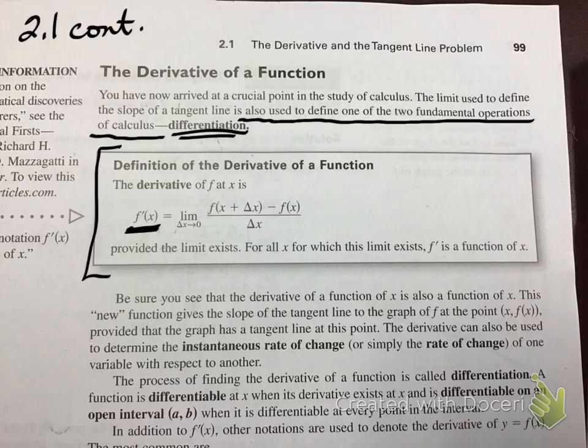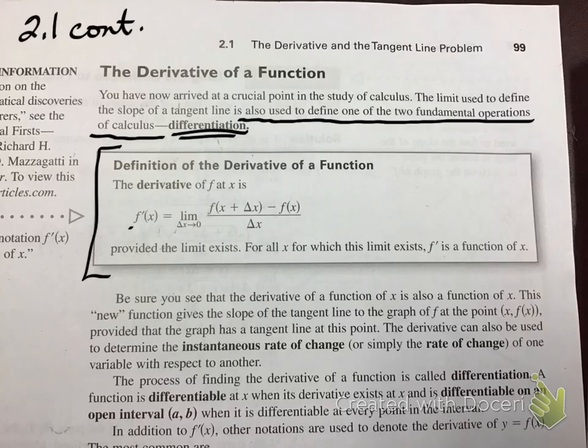That sounds like yesterday. Of f of x plus delta x. Yesterday we had f of c plus delta x minus f of c. And remember, c was just an x value. So now they're dropping the c and they're just calling it f of x plus delta x minus f of x all over delta x.